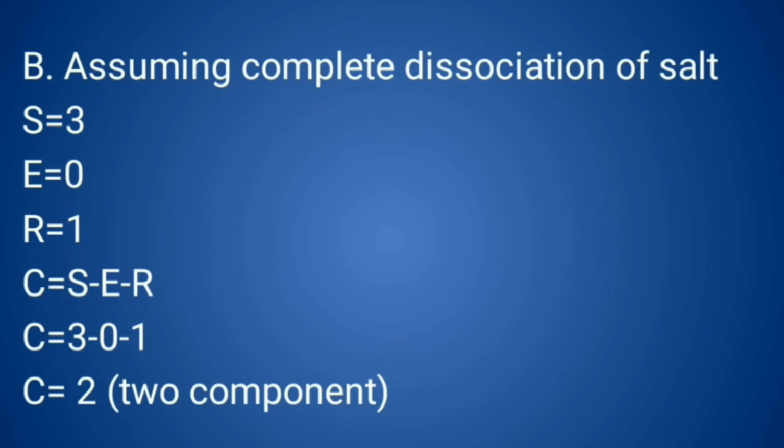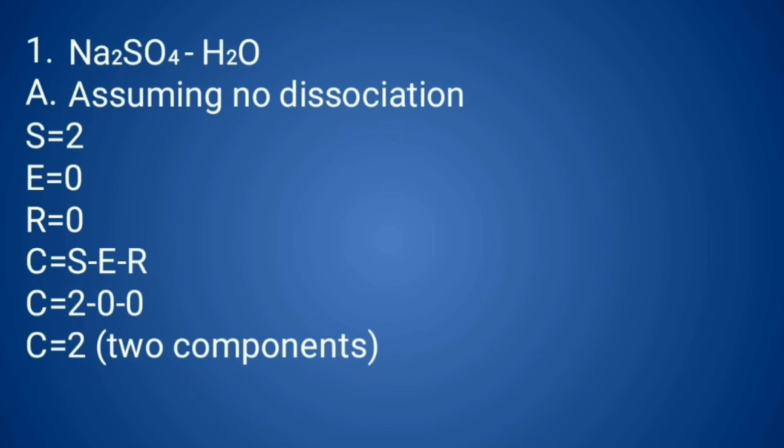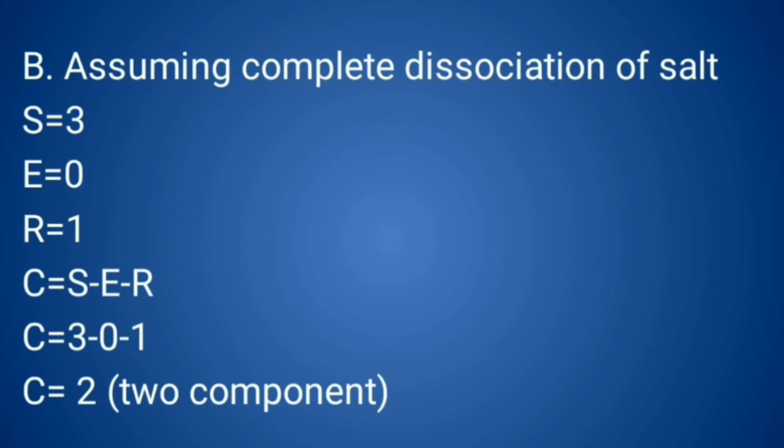Why 3 constituents? Because one will be sodium, second will be sulfate, and third will be OH. These three are dissociated. So S will be 3, E will be 0, R will be 1, and then the number of components is equal to 2. So that is why this is a 2 component system.